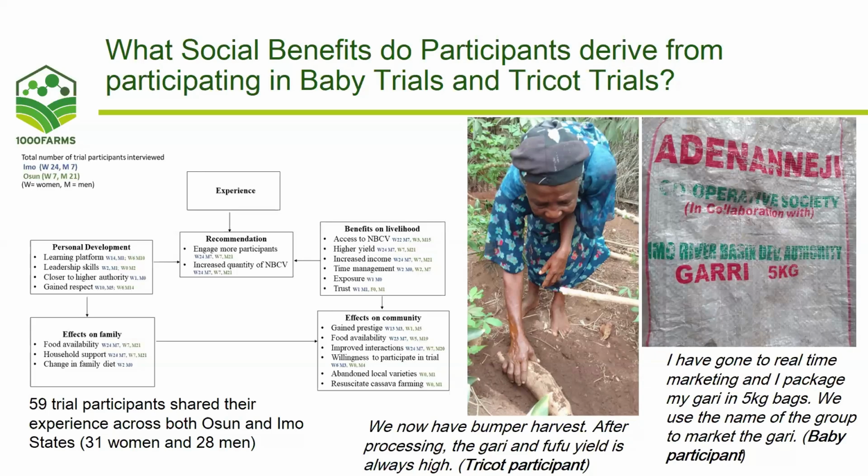One of them acknowledged how she was able to use a plane to travel to Abuja for the first time because of the conference, and she loved the entire experience. It also played out in the family and food availability. We looked at a particular tricot participant who said he learned how to make a Ghanaian product called Banku.